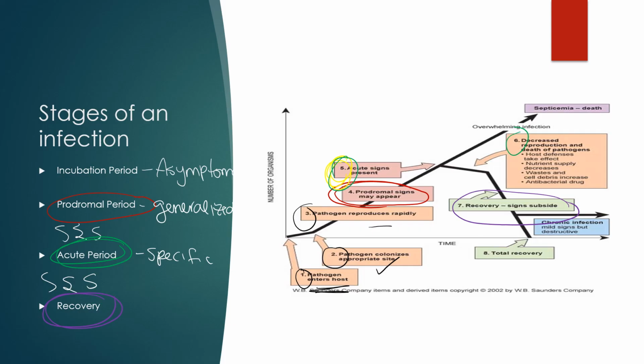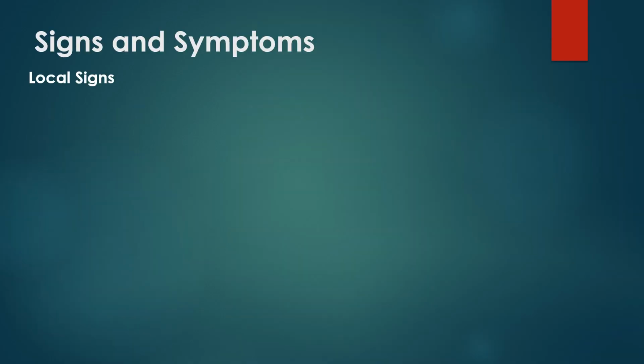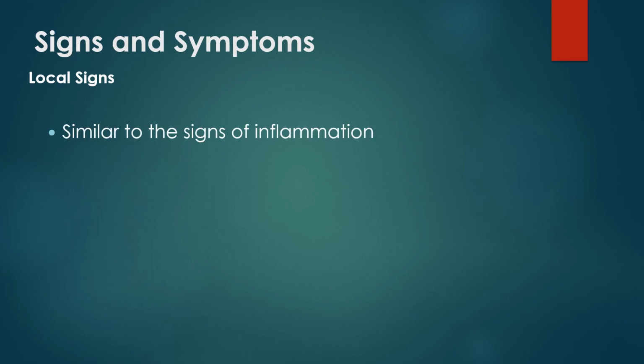If we do not move into recovery, and if the host defenses are not able to cure, so the local signs and symptoms of an infection are very similar to that of inflammation that you've covered before. So when you think back to what are the signs of inflammation, if you have an area that has an infection, the local signs and symptoms will be the same: redness or erythema, swelling or edema, pain, loss of function in that area.